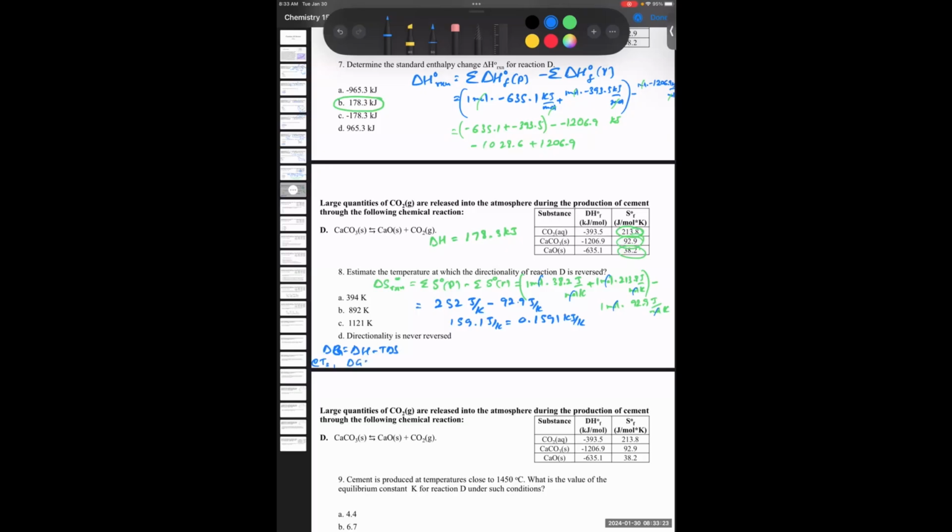So 0 equals delta H minus Ts delta S. Therefore, Ts is delta H divided by delta S. So we have 178.3 kilojoules divided by 0.1591 kilojoules per Kelvin. You're going to get the answer in Kelvin. For that, I need a calculator.